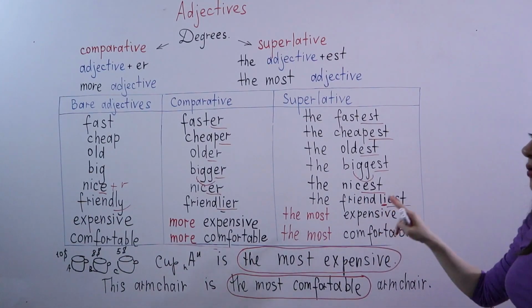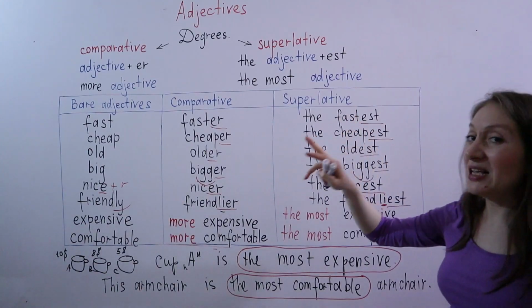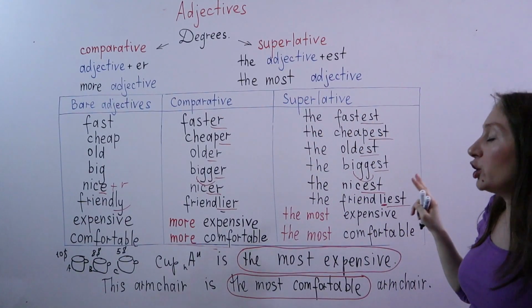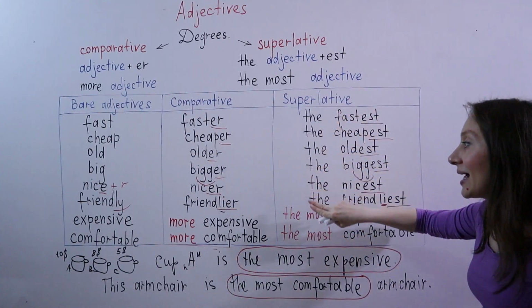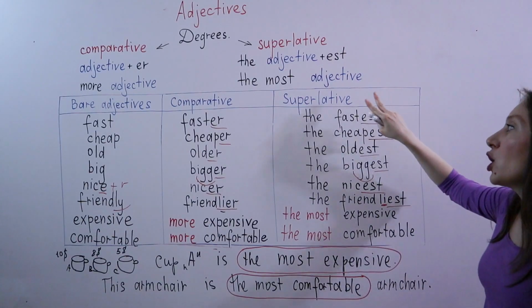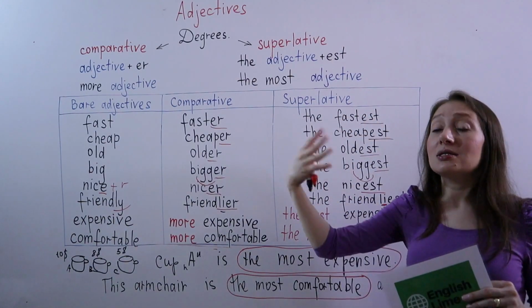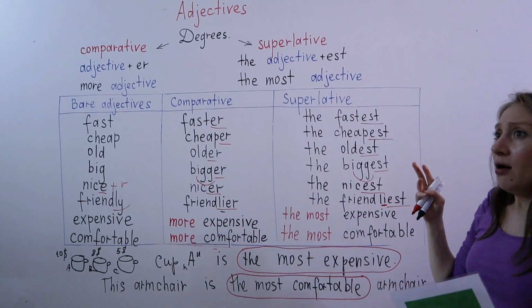All right, now you see all the rules, the basic rule for comparative and superlative degree. Your task is for this lesson to make example sentences with these adjectives, or maybe you can use different adjectives, but start using this one.